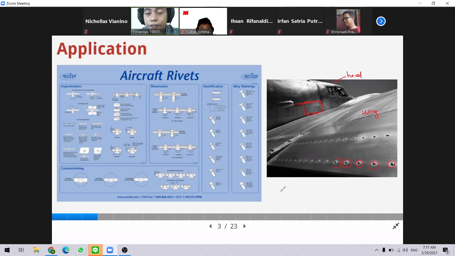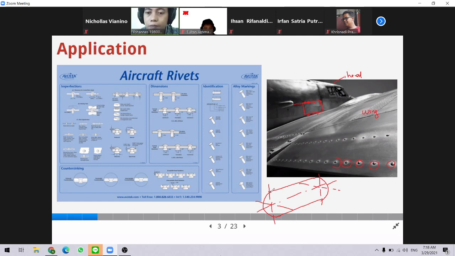If you have ever seen a boiler, it is like a cylinder tank, like this, which is made from steel, just like the aircraft.